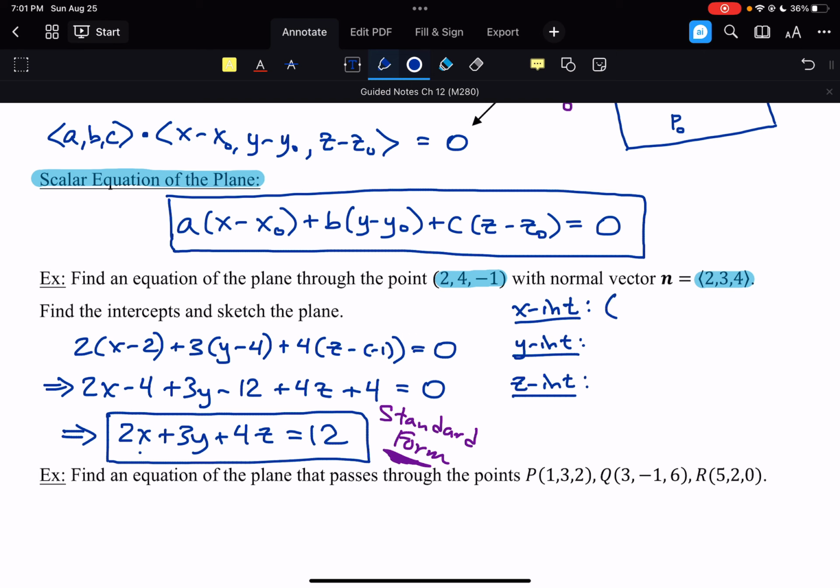So we let y be 0 and z be 0. We have 2x equals 12, so x is 6. So we get (6, 0, 0). The y-intercept is where x and z are 0. So we're on the y-axis. We get y is 4. And for the z-intercept, we're on the z-axis, so x and y are 0. We end up getting z equals 3, so (0, 0, 3).